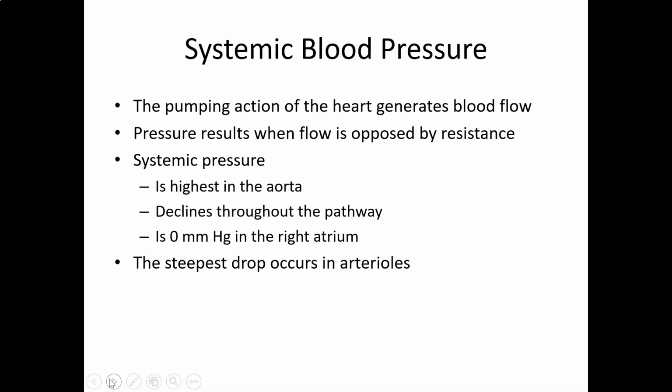Systemic blood pressure is the pressure for the system. Pressure is measured in millimeters of mercury. And you'll find that it's highest in the aorta, and it drops as you go through.